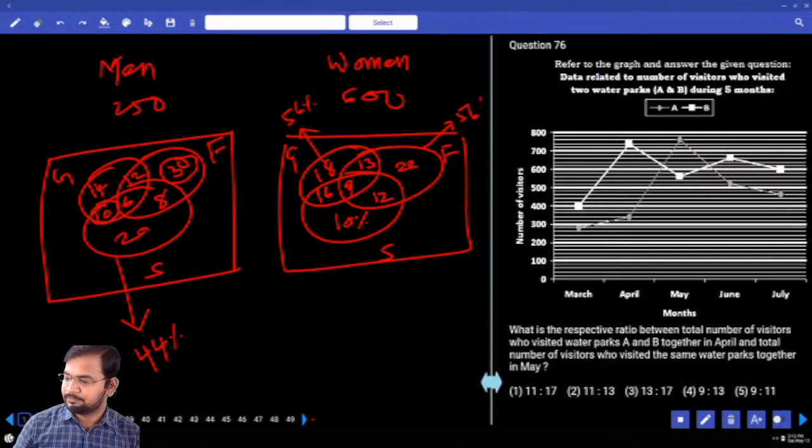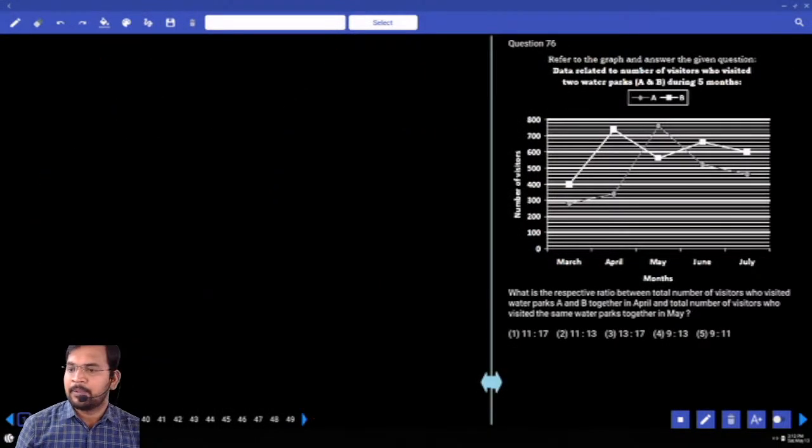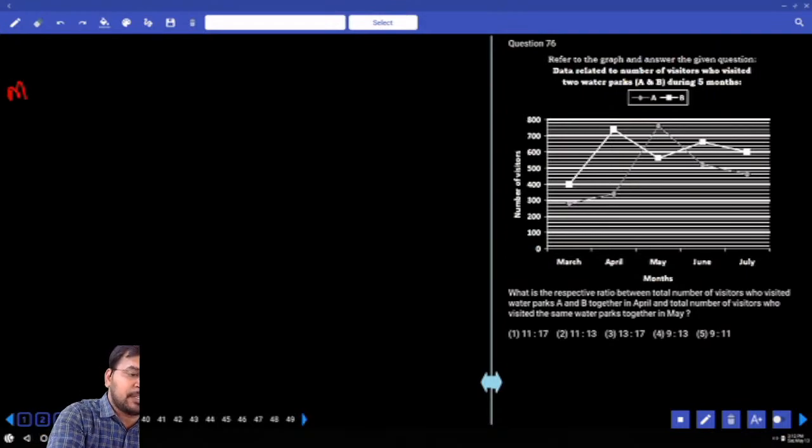Next one. Data related to the number of visitors who visited two water parks A and B during 5 months: March, April, May, June, July.